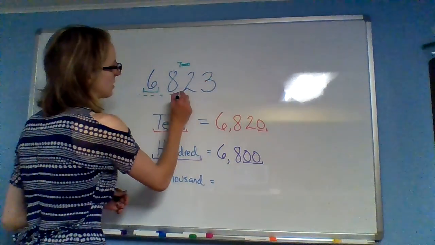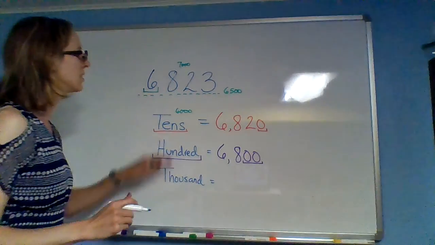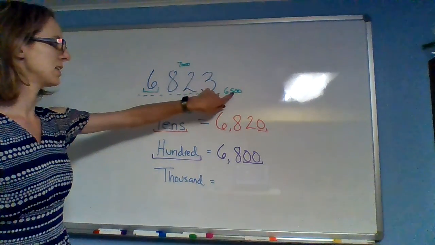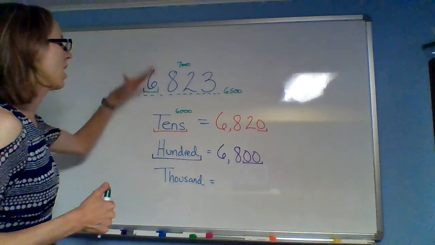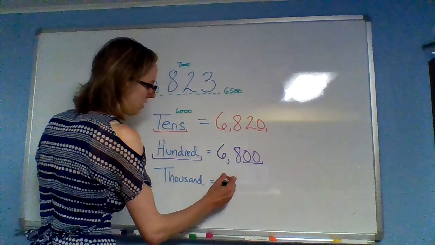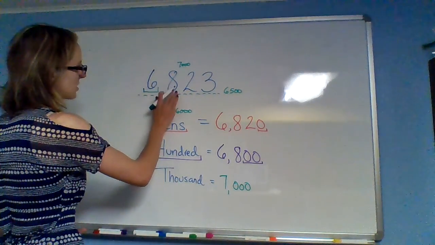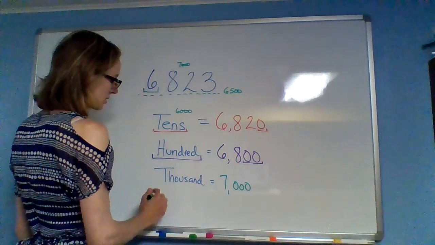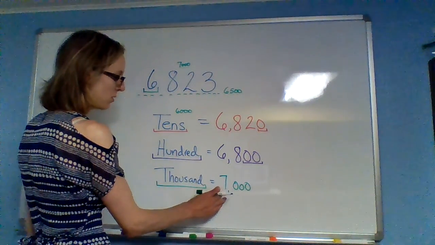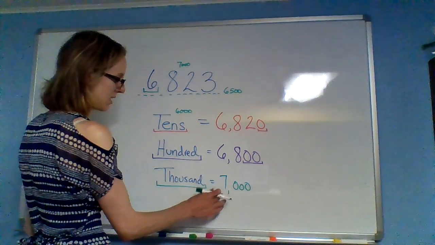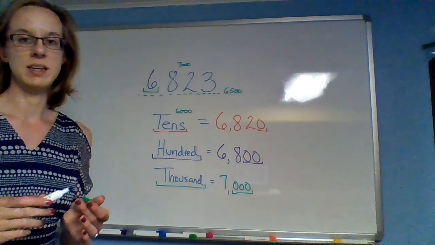My midway point in between those is 6,500. 823 is more than 6,500. So I would round this number up and say that when I round 6,823 to the thousand spot, it's 7,000. Remembering that the only place there's going to be numbers is in the thousand, and everything after that is going to be zeros.